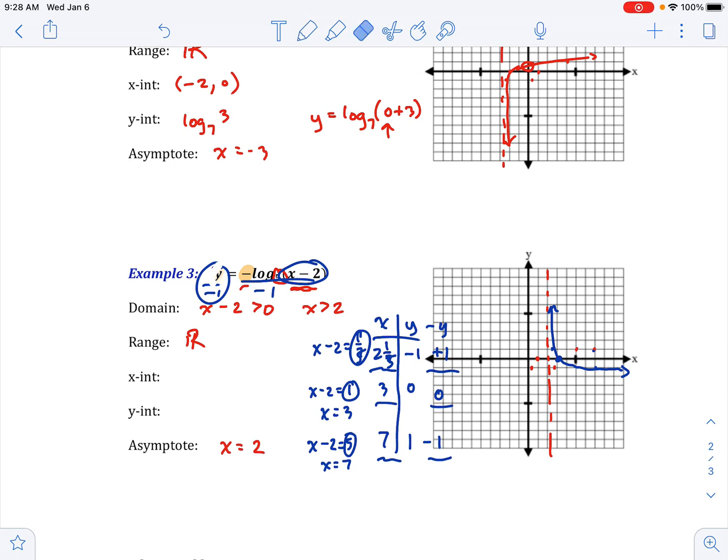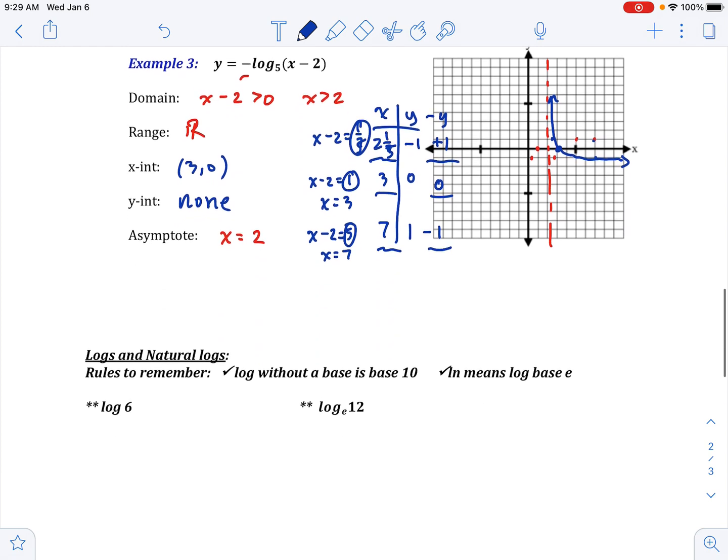Well, remember, because my base is equal to 5, then that means that my 1/5 is my 1 over b, and then 5 is my b value. All right, so the last part here, x-intercept, I can see that it is occurring at 3 comma 0, and my y-intercept is none because it is not crossing the y-axis.